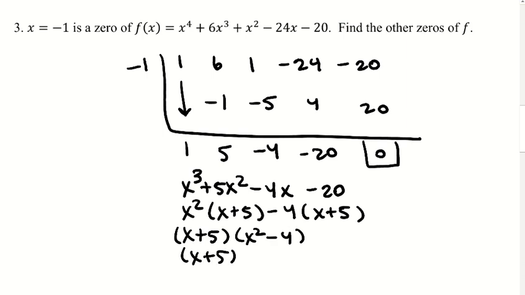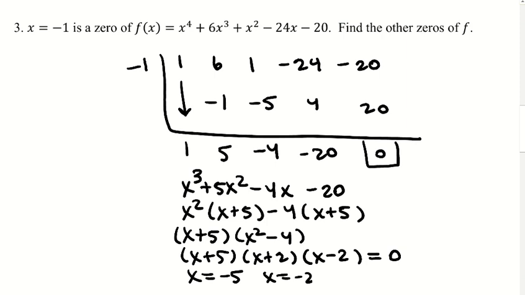Then I have x plus 5, x plus 2, and x minus 2. So that means that the other zeros are going to be wherever this thing equals 0. So that'll be x equals -5, x equals -2, and x equals positive 2. Those would be the other zeros.